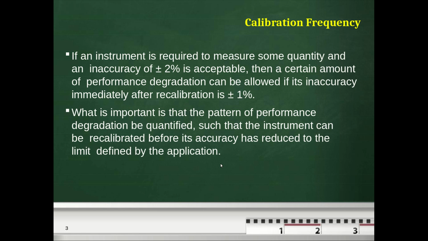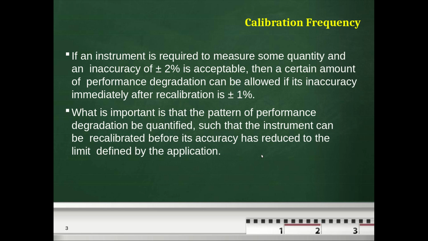So if the instrument that you require to measure the quantity has an inaccuracy of plus or minus 2%, which is unacceptable, you measure that before the calibration. After the calibration, it should be plus or minus 1%.